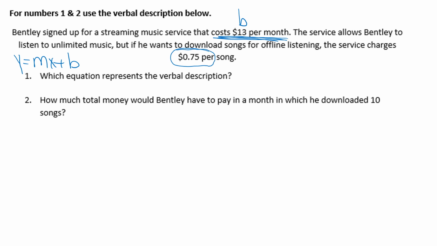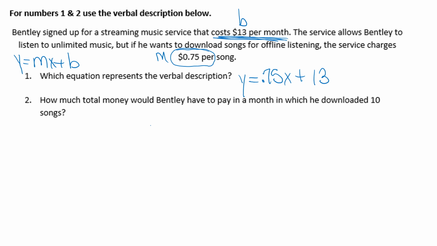Remember, per is often used to help you identify rate of change. So our equation, this is our M, our equation would be y equals 0.75x, because x always follows the M value, plus the $13 a month charge.